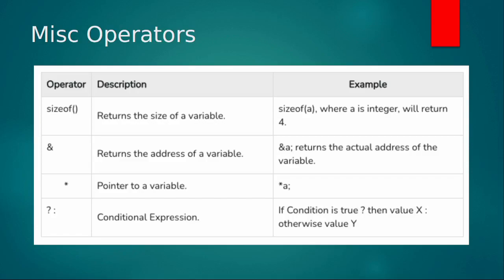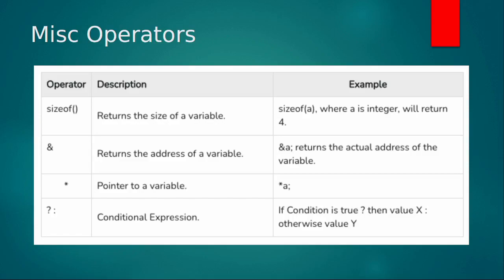The ampersand can be used to print the address of a variable, and the asterisk here right now is used as a pointer to a variable when we want to refer to the address of that variable. We want to store it as a pointer. We will discuss more on the ampersand and the asterisk when we discuss pointers, strings, and arrays.